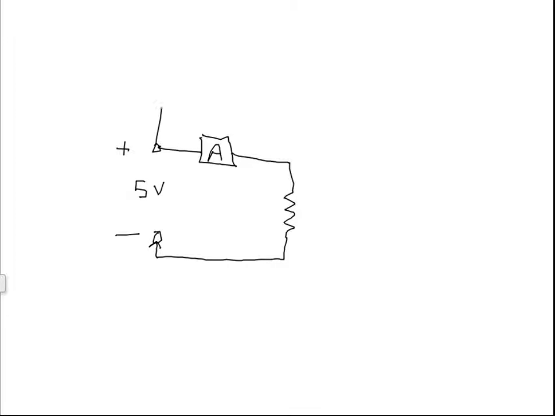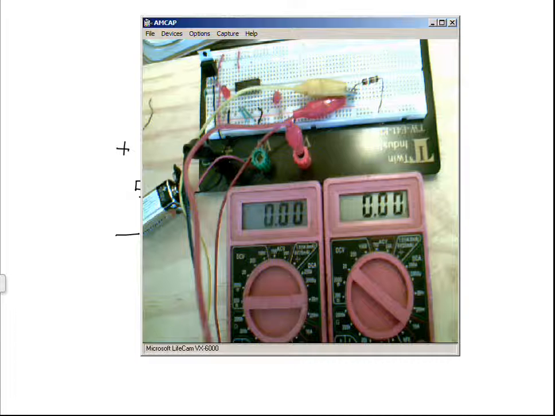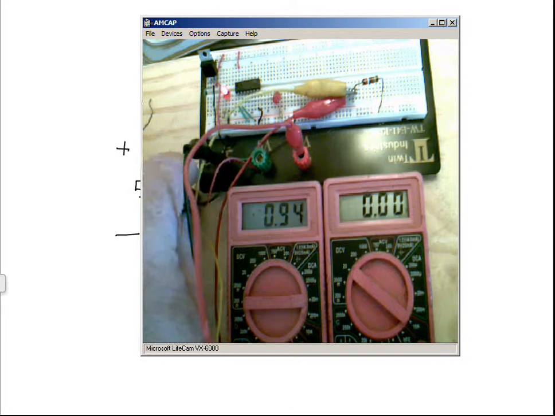And I also have a voltmeter. Now I will set my meters up. And let's ignore the fact that we can see the color code on the resistor right now. And let's just apply our power.